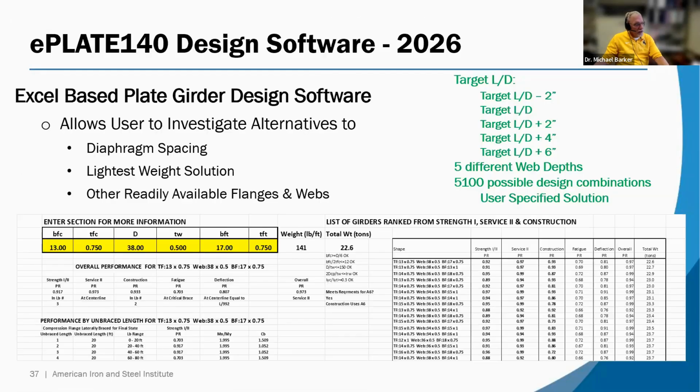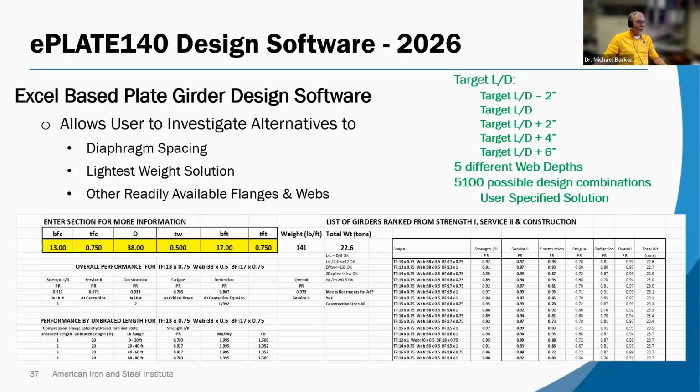And then, oops, I lost a page here. And then it's going to give you a solutions page, just like it did for the rolled shapes, where it says, hey, this is what you selected. Here are the results. You verify this. You sign the drawings. You have just designed a, well, this one's composite, a composite plate girder bridge in a matter of just a couple minutes.